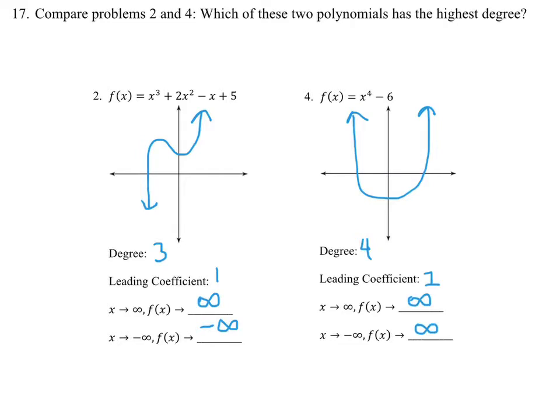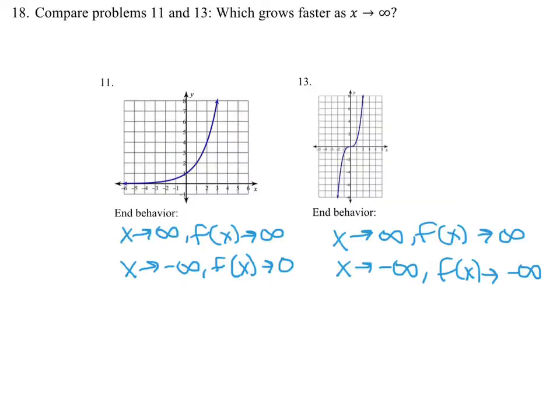Number 17 wants me to compare number 2 and number 4, which has the highest degree. It's going to be number 4. Number 4, the degree is 4. And then number 18 wants me to compare 11 and 13. It wants to know which grows faster as x approaches positive infinity. This one's a little bit tricky because number 13, at least initially, is growing faster than number 11.